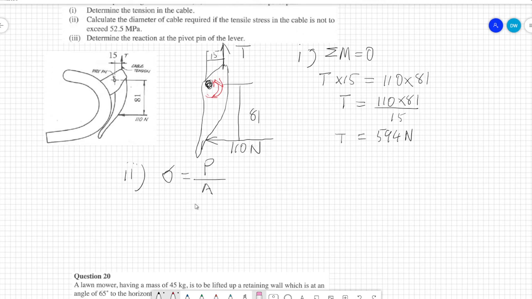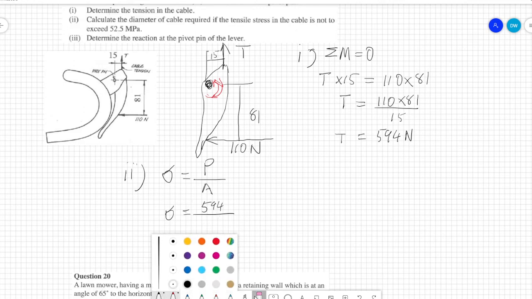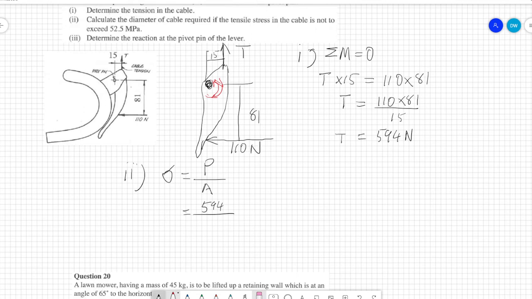What's the force? The force is 594 newtons. We do have the stress here. The maximum stress is 52.5 megapascals, and the area we don't know, so we'll leave it as A.